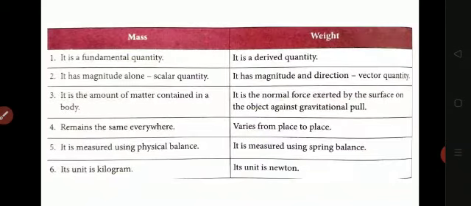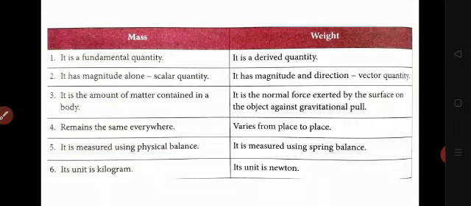Next we are going to see the difference between mass and weight. Mass is a fundamental quantity, but weight is a derived quantity. Mass has only magnitude, so it is a scalar quantity, but weight has both magnitude and direction, so it is a vector quantity.